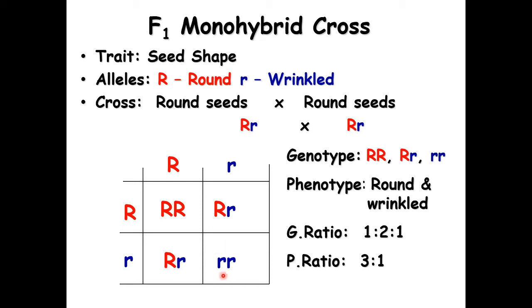So the wrinkled seed reappears in F2 because some of the F1 recessive alleles get to combine in this case, and that's why the wrinkle appears again. Otherwise, it disappears in F1. So Mendel was going, what in the world, where did it go? It's hidden.